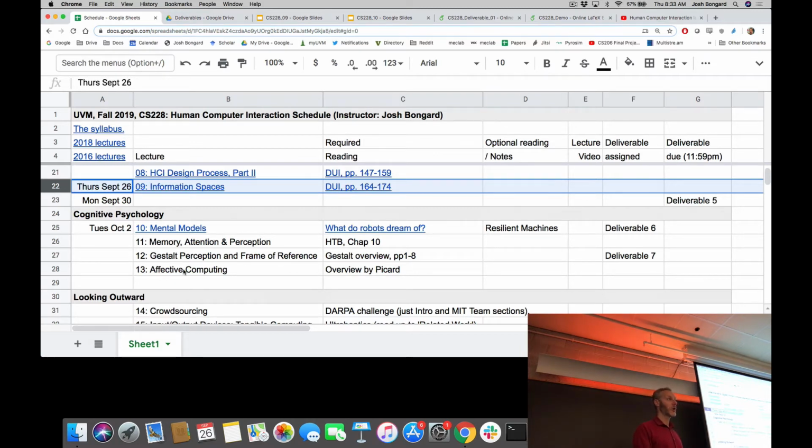How does a user go about building up a mental model of your ASL educational game? And we will gradually march through a couple of other aspects of cognitive psychology that become increasingly subjective until we get to affect, which is the fancy psychology name for emotion. Okay, so that's where we're headed.